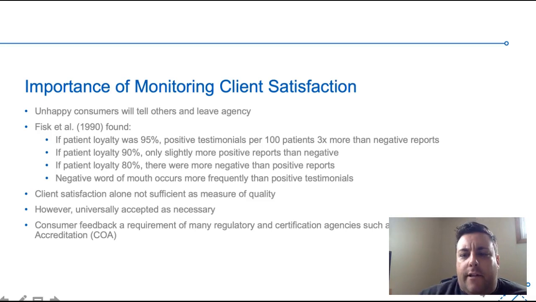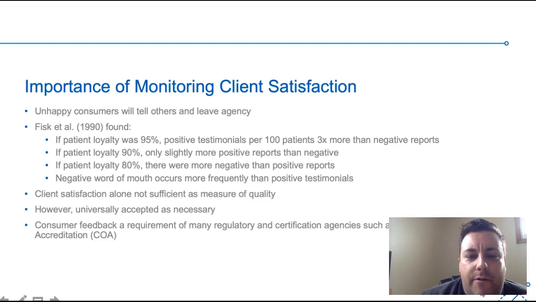The landmark study on the relationship of patient loyalty and positive testimonials was done in 1990 by Fisk and colleagues. The key finding from that study is that negative word of mouth is a more frequent occurrence than positive word of mouth or a positive testimonial.